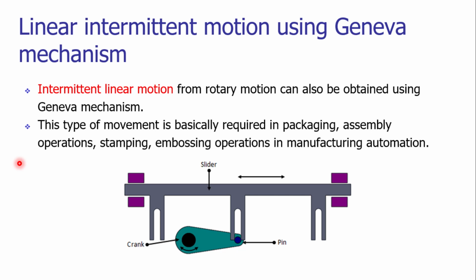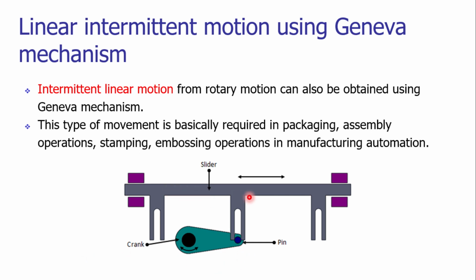For example, you are working on a transfer line, and you have to carry out multiple processing operations on the product which is moving over a platform that is intermittently moving in a linear direction. To have such movement, we use the Geneva mechanism as well, and that arrangement is shown on your screen.